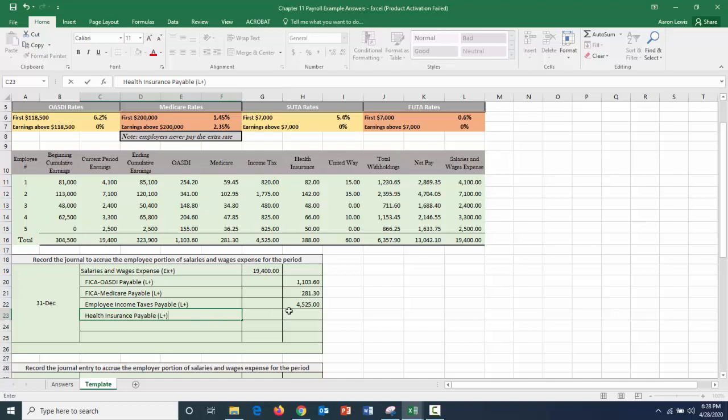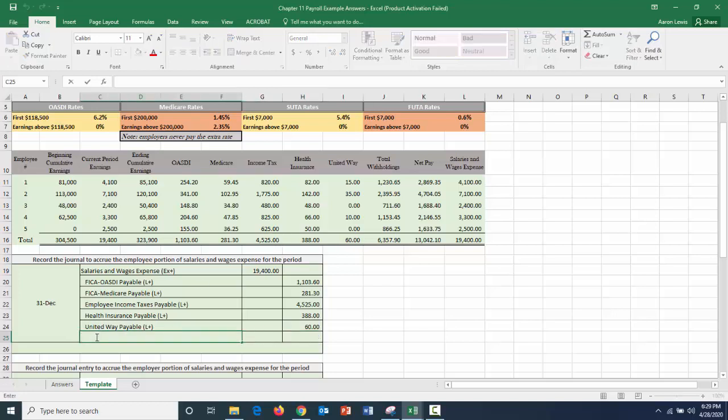And that's going to be for $388. And then United Way payable. As we can see from our payroll register, our employees had a total of $60 withdrawn.